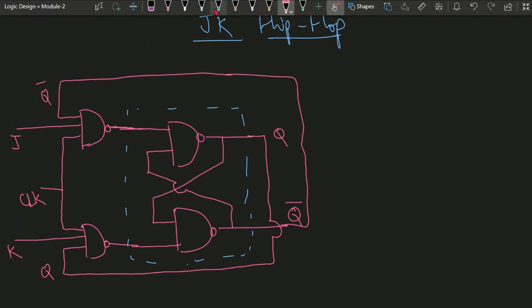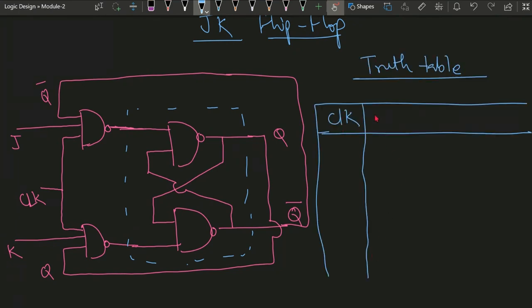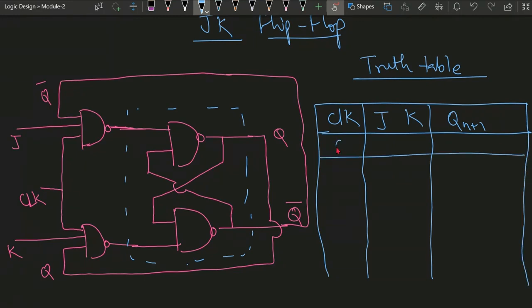Now we will see the truth table of the JK flip flop. There will be the clock, then the J and K inputs, and then the output, that is the next state. Initially we take the clock as 0, then whatever the J and K values are.